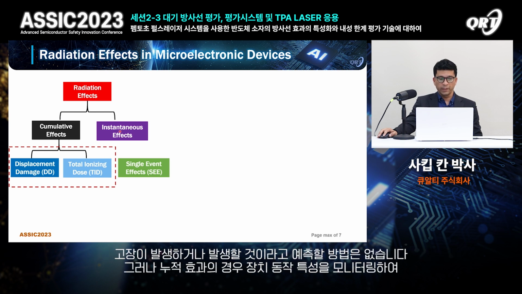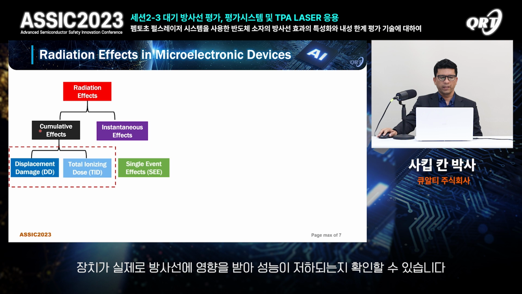There's no way you can predict that the error is going to occur. But in the case of the cumulative effect, we can monitor the device behavior and its characteristics to see that the device's performance is degrading due to the radiation effects.